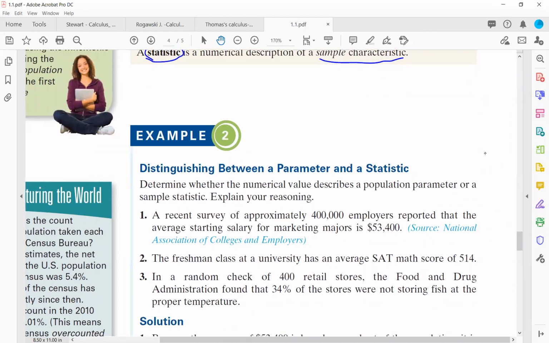The first one says, a recent survey on approximately 400,000 employers reported that the average starting salary for marketing majors is $53,400.